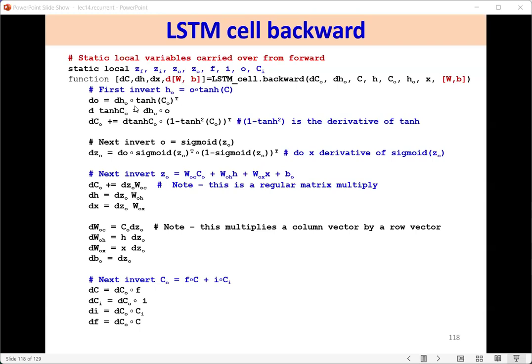Does this make sense, guys? Yes or no? Right. And then I have the derivative for tanh. From the derivative of tanh, I can compute the derivative for C, just using the standard derivative rule for tanh.